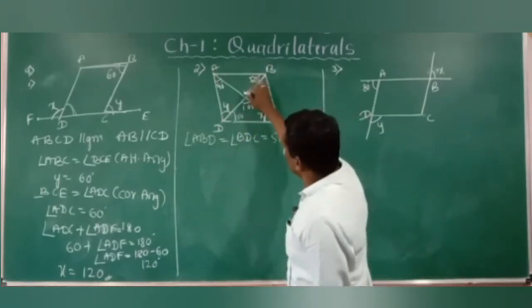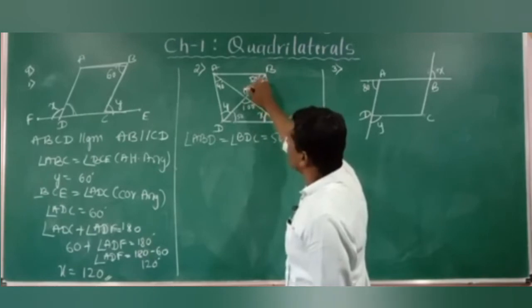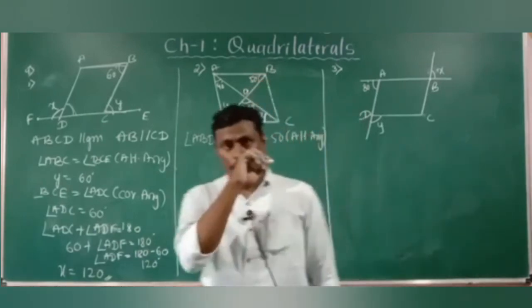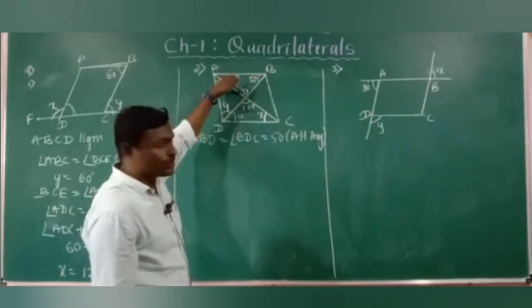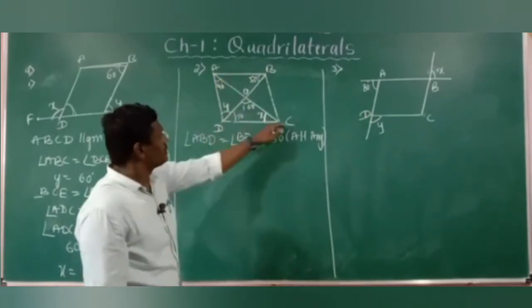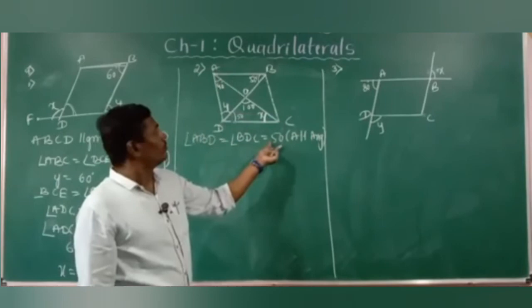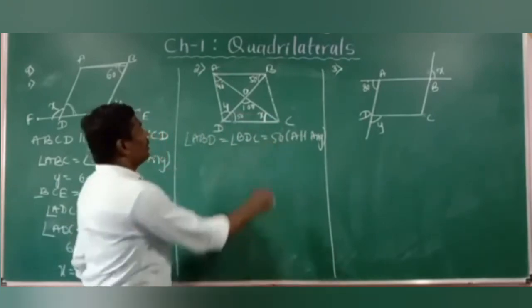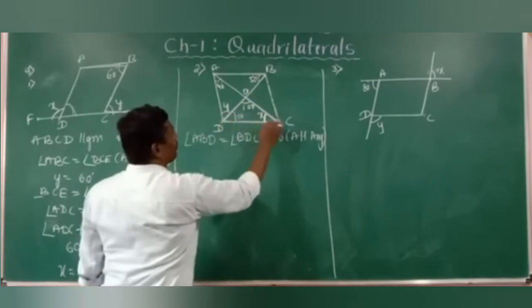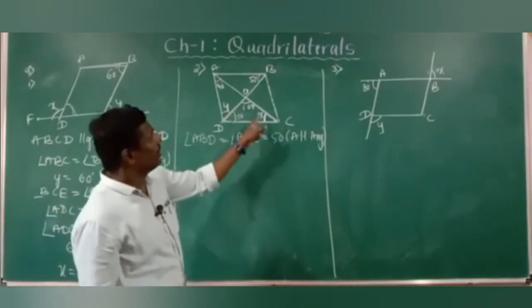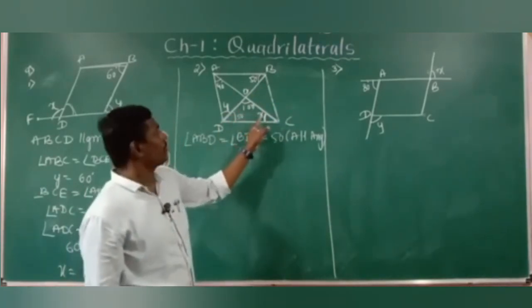Or you can also take the point of intersection as O. Angle ABO is equal to angle ODC. Both angles are 50 degrees. Now, by using the angle sum property of the triangle, you can easily calculate the x value.